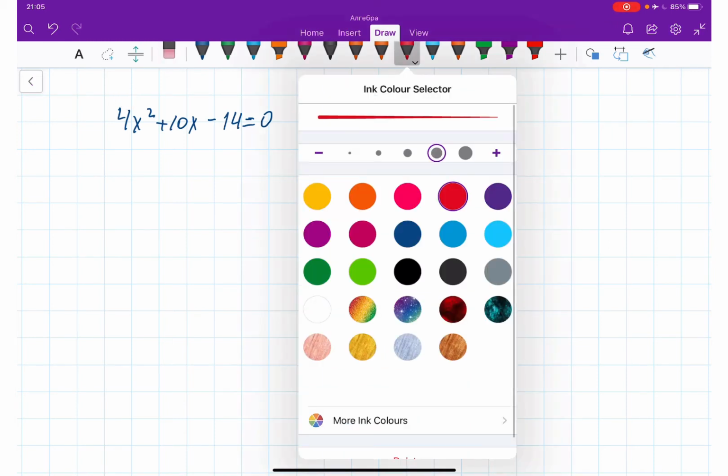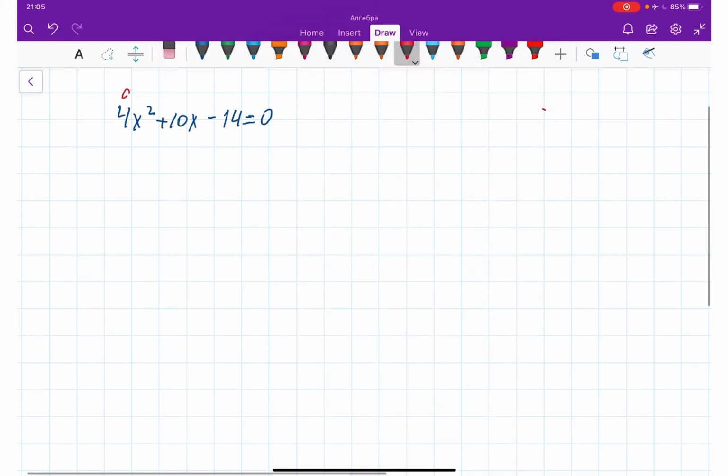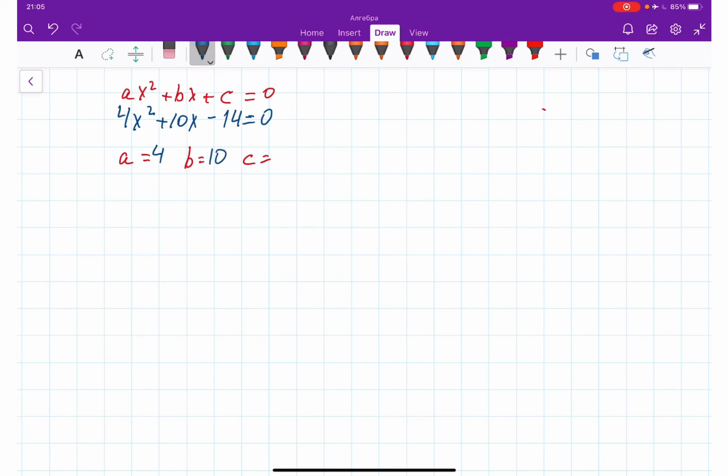Let me see. Equals 0, where A, B, and C. A is equal 4, B is equal 10, C is equal negative 14, right?